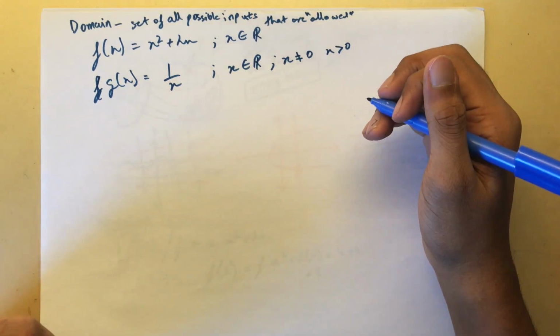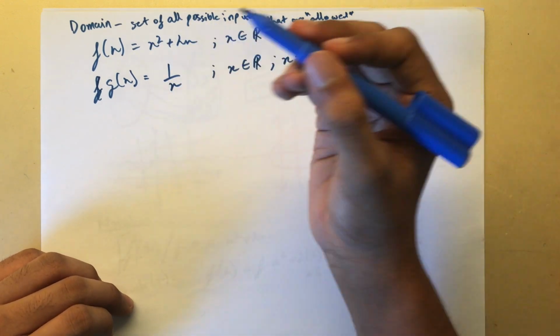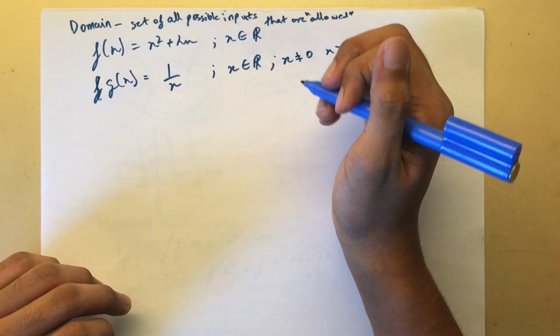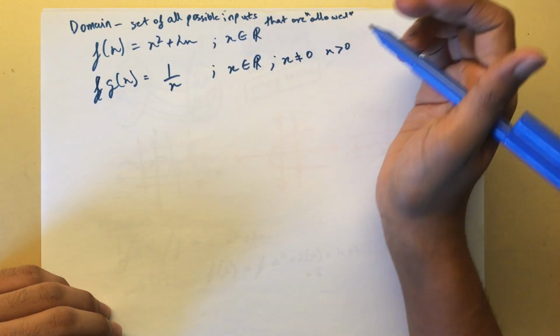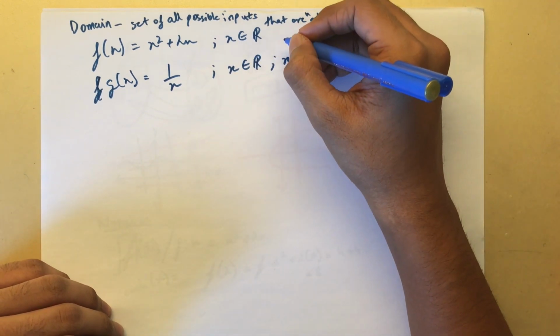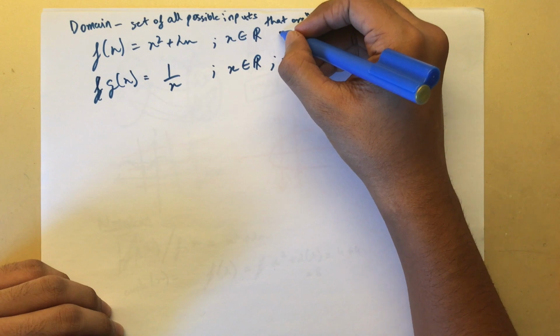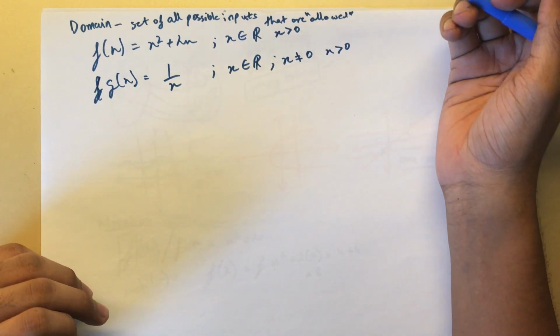Or if you're modeling something, for example, the height of a ball x seconds after it's been hit by a bat, then the function of the ball before it's been hit by the bat, as in before x is equal to 0, would have a different function. So for this, it would only be for x greater than 0.